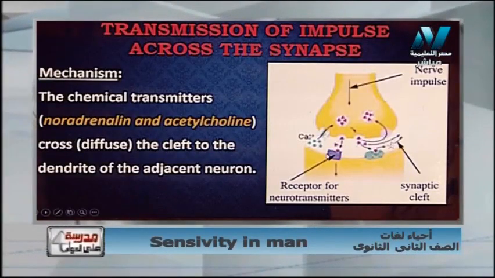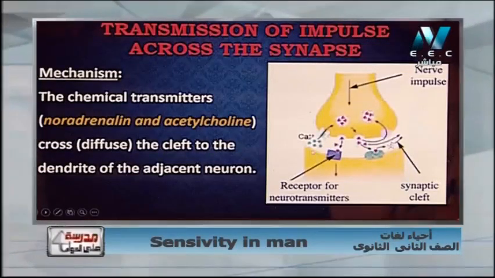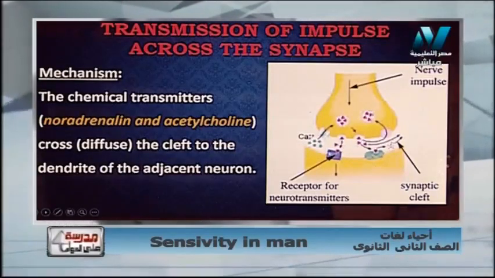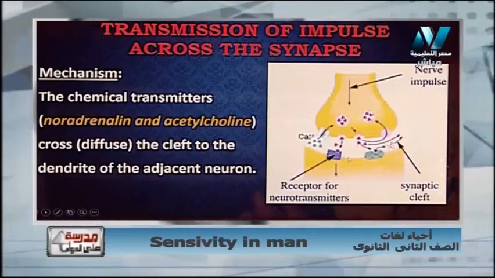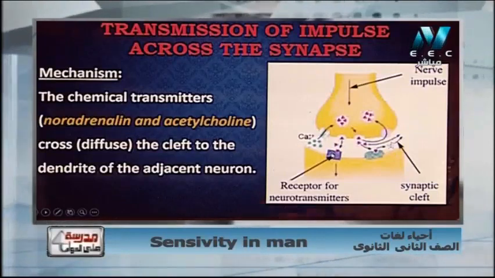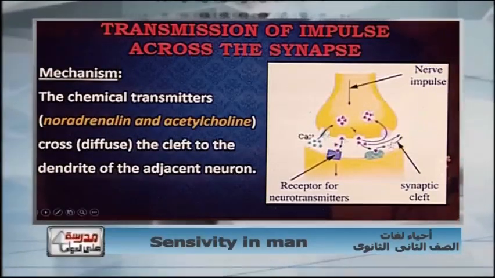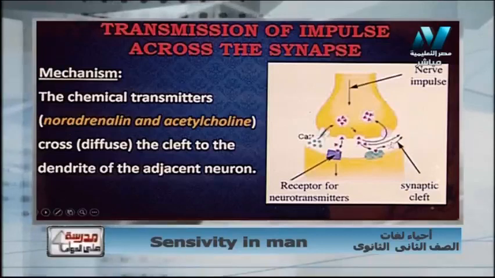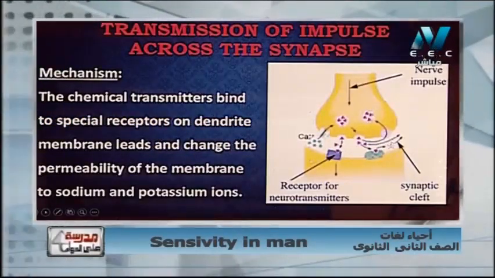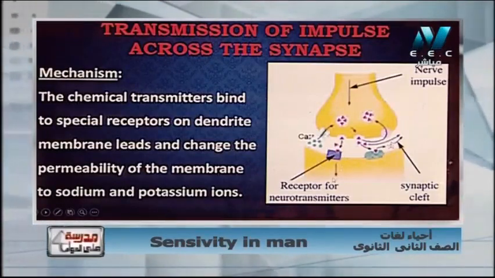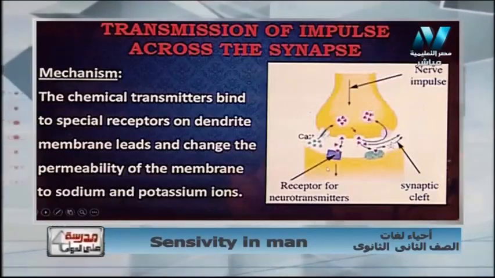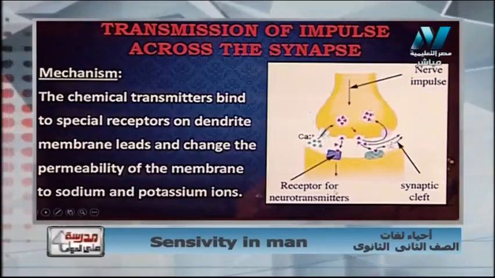The receptors of neurotransmitters that are present on the surface of the dendrite's membrane, that is the postsynaptic membrane, receive these chemicals. Could you notice them? They receive these chemicals, and then the chemicals transmit inside the dendrite, and so the transmission of impulse across the synapse occurs.